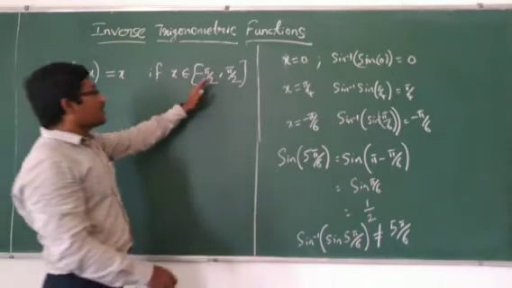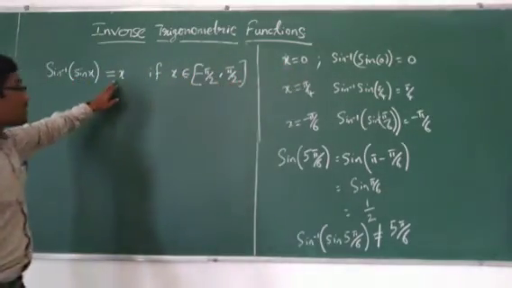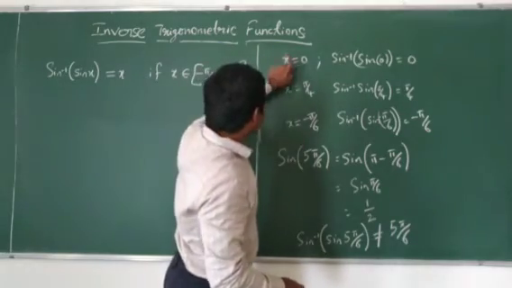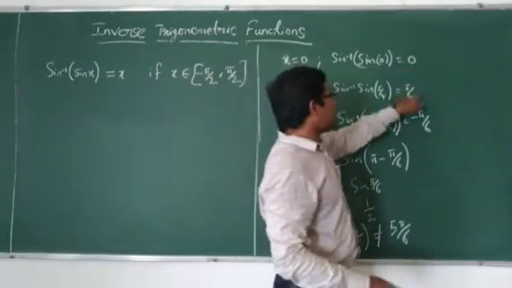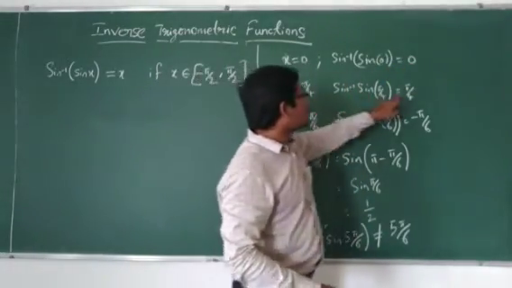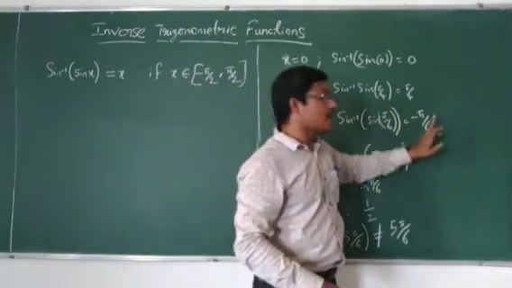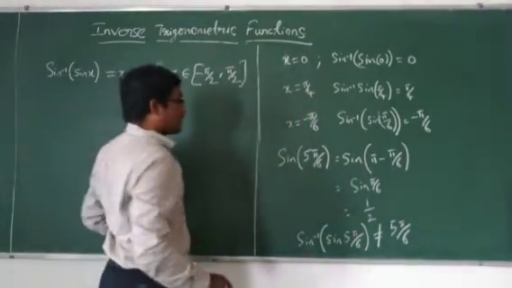If you take any value on this side or more than pi by 2, you will not get the same value. Like here, all these values are in this interval, so you get the same value. Here you take 0, you get 0. Here you take pi by 4, you get the same value, pi by 4. Here you take minus pi by 6, you get the same minus pi by 6. They are in this interval.